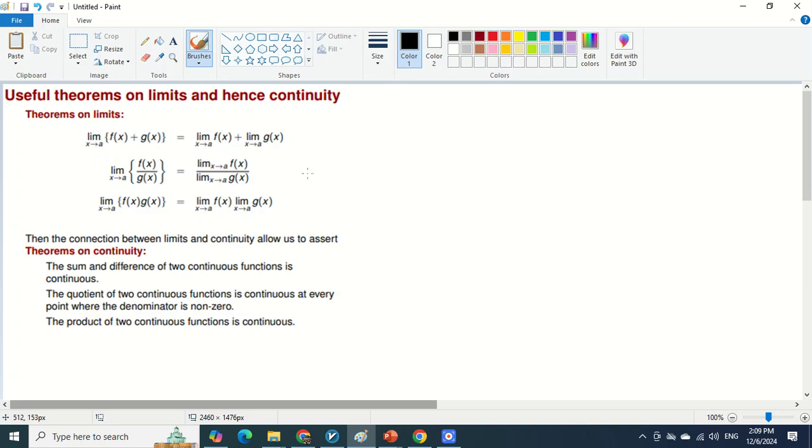For example, if I have a function like 4x squared minus 3x cubed plus 1, this is a type of polynomial.